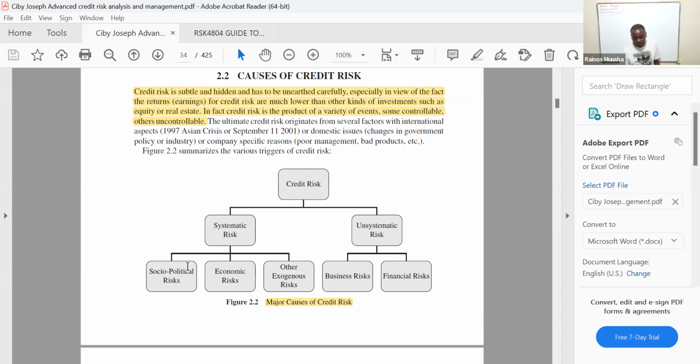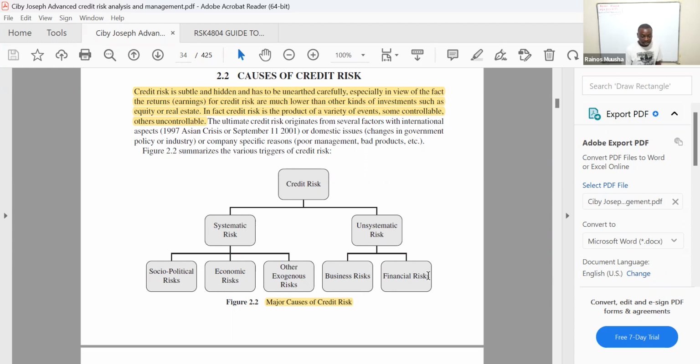These can be caused by social, political, or economic risks, or any other exogenous risks. When they talk about exogenous risk, this is risk coming from outside the control of the organization. Then there's also unsystematic risk, which can be business risks and also financial risks.